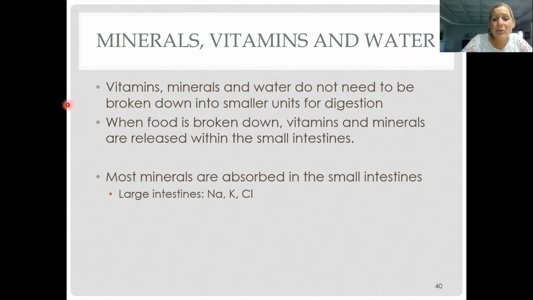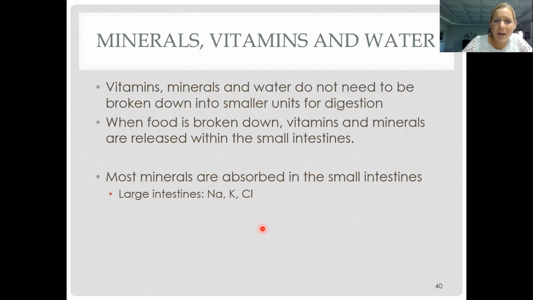Okay, we don't need to actually break these down, so we don't necessarily need to digest these. But when food is broken down, vitamins and minerals are released within the small intestines. And most of those minerals are going to be absorbed in the small intestines. The large intestines will also contribute to absorption of certain minerals, including sodium, potassium, and chloride. Let's see.